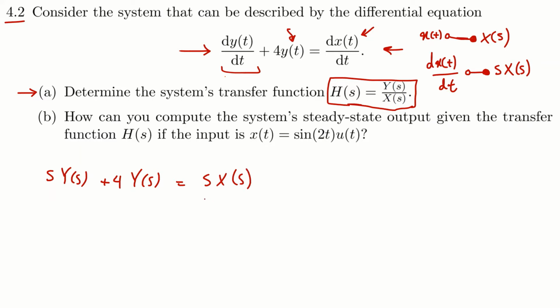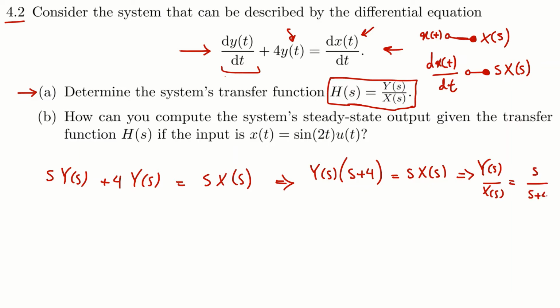Okay, so now I should isolate Y(s) and X(s), so we can write it like Y(s) times (s plus 4) equals s times X(s). That means we can write Y(s) over X(s) equal to s over s plus 4.